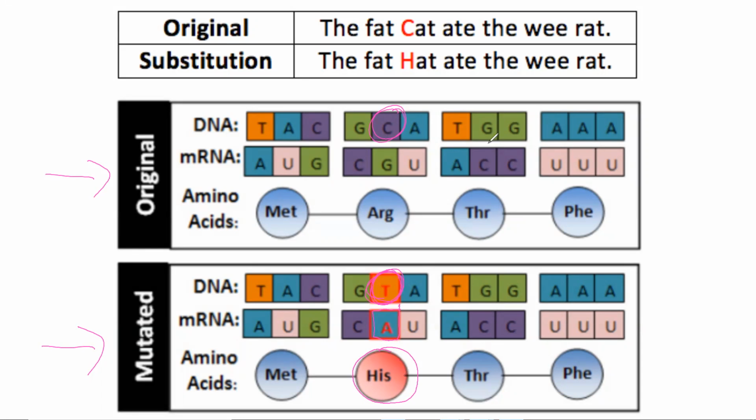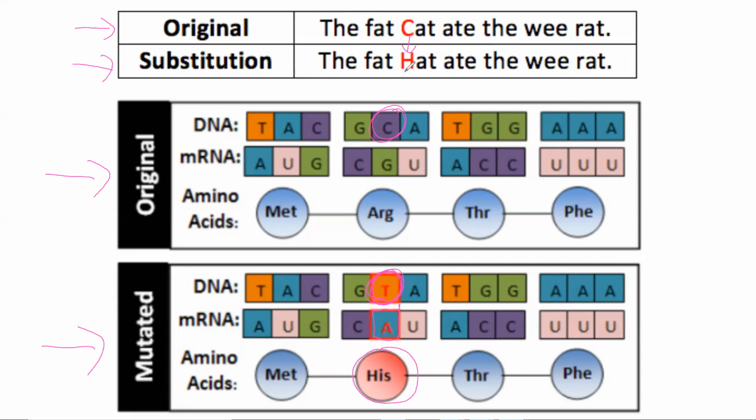So that could be a problem, or maybe it could not be a problem. Sometimes when amino acids are substituted out, it doesn't change the protein a whole lot, but sometimes it does. It honestly depends, case for case. And if that doesn't make a whole lot of sense to you, you can also think about point mutations like this up here. Our original sentence reads, the fat cat ate the wee rat, and the substitution of C turning into an H now makes the sentence, the fat hat ate the wee rat.